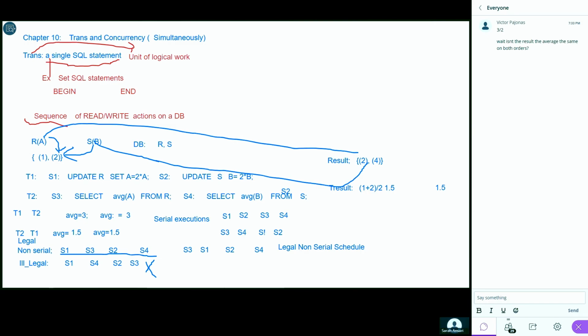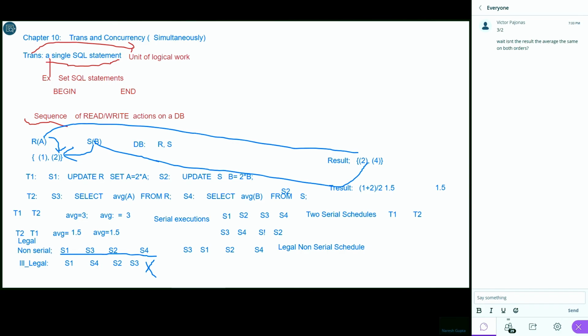I just told you. Legal and illegal? No, just legal. Two legal serial schedules. No. We didn't talk about that. I'm talking of two serial schedules. That's all. I didn't mention the word legal or illegal there. Okay. So one is T1, T2. The other is T2, T1.